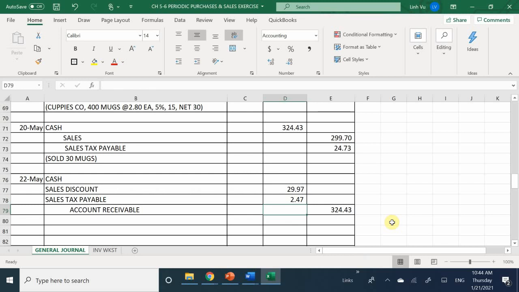I did not get 24.72. What I got for the discount is 2.47.